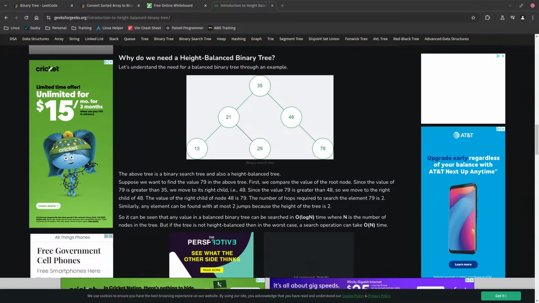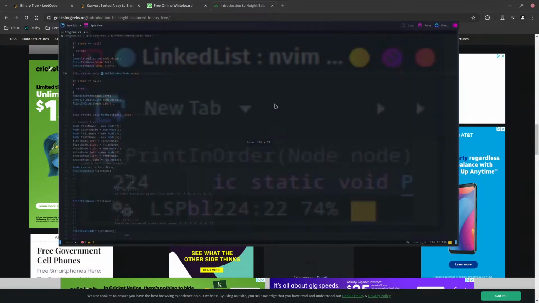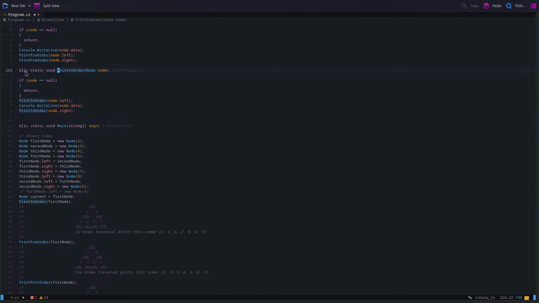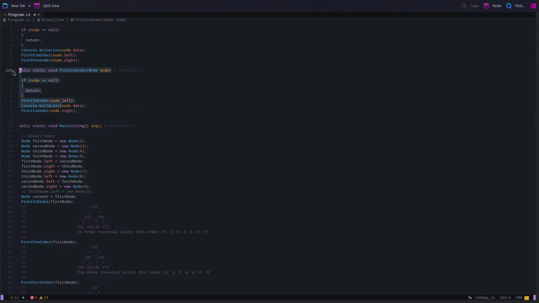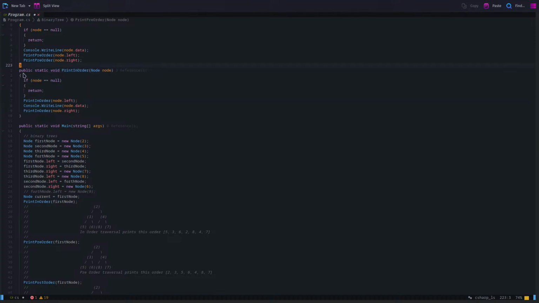So in order would be: we do left, then we do the middle work, then we do right. As an understanding of what I'm looking at, this is your in order.